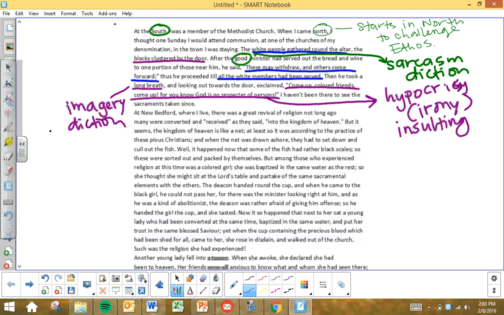Now let's start. So it starts us out in the Northern Church. So the North has issues, and it's such that the North also has problems. Now we're back in the South. In New Bedford, where I live, there was a great revival of religion.